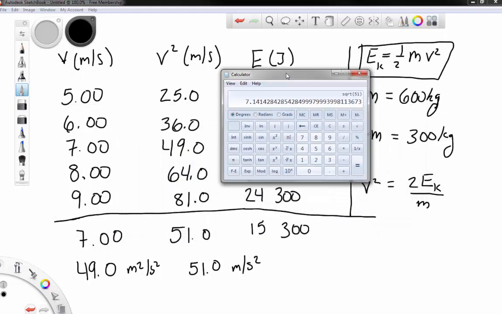If we wanted to get a simple estimate for the average speed, this method is probably going to work okay. Again, 7.14 is not that far off from 7.00, but be aware that there is some slight difference between the two.